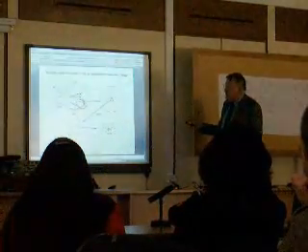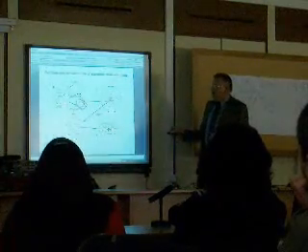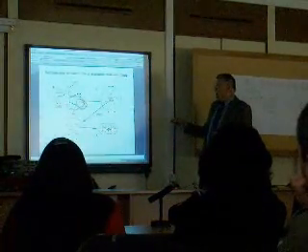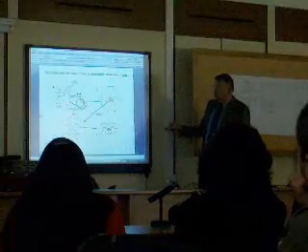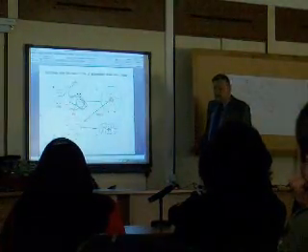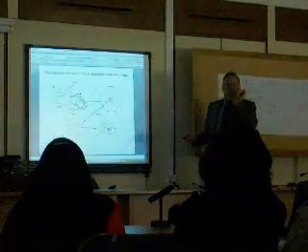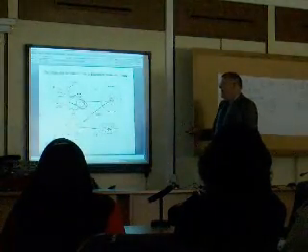This collapse is not homogeneous, so you get essentially many blobs, and most of this rotational motion is going into orbital motion of these blobs. So when you form a star, you don't get one star, you get a whole star cluster.